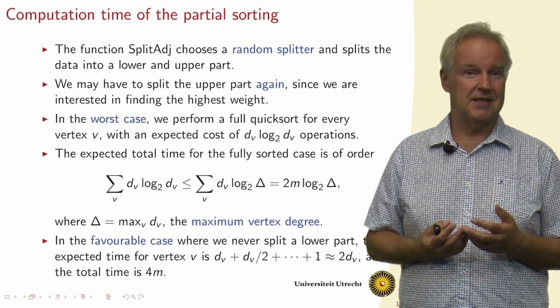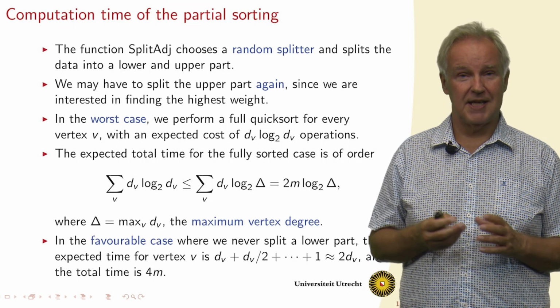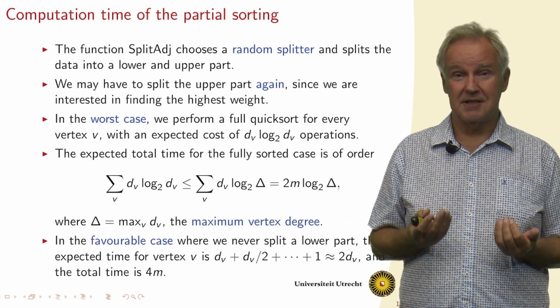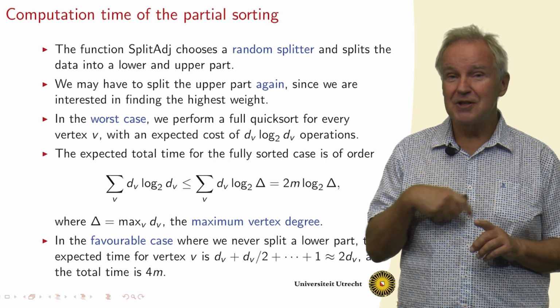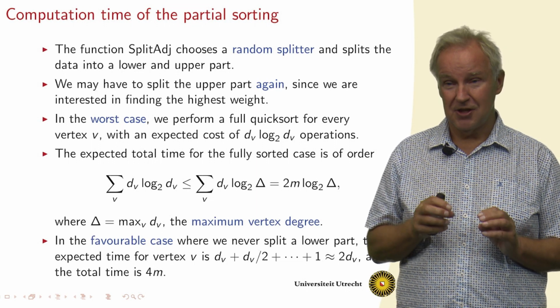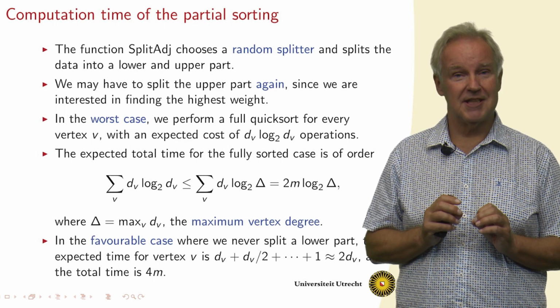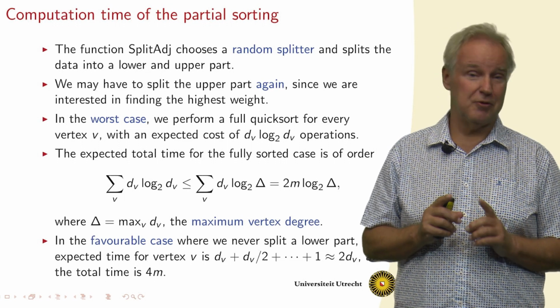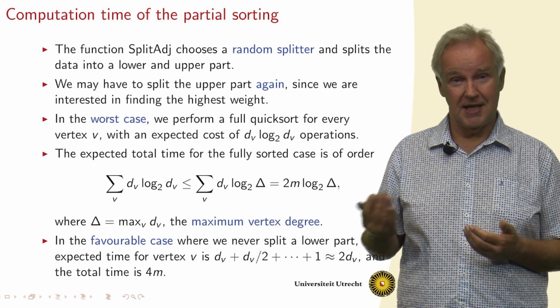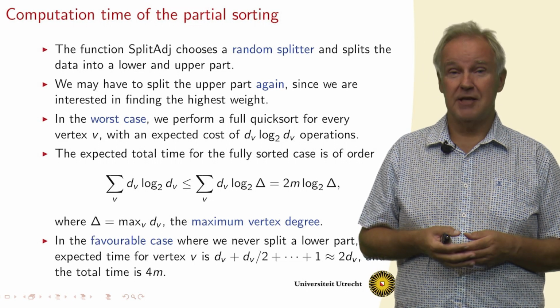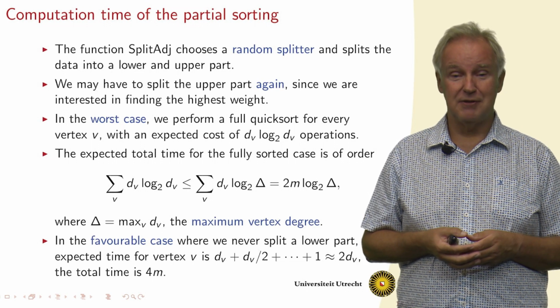On the other hand, if we have to split everything again, in the end, we get the quicksort algorithm, but not for all the vertices or edges, only for a single adjacency list. So the cost for all vertices together is like quicksort's n log n. Here we get the sum of dv log dv.